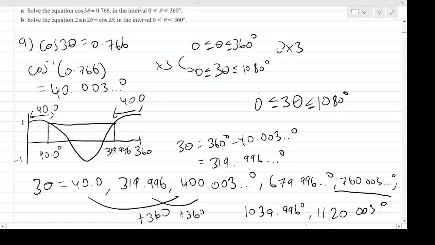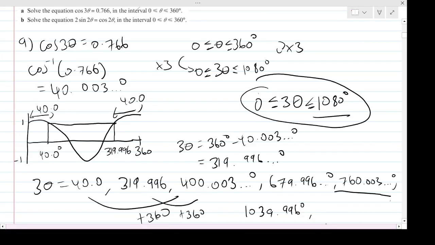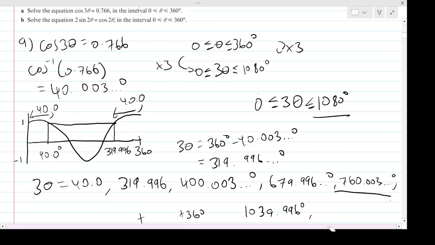Well, actually, this now falls outside the range, doesn't it? This is above 1,080, so that's it. We stop there, right? Those are all the solutions we're interested in that fit our new range of values for 3 theta. Because remember, our angle is 3 theta, right? So 3 theta is all of these values that I've listed.